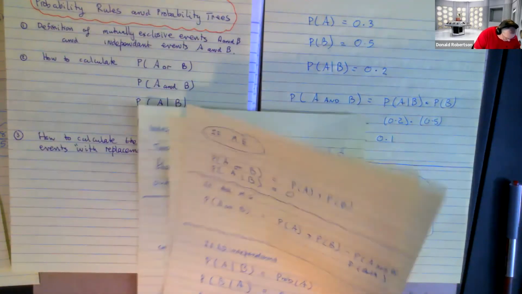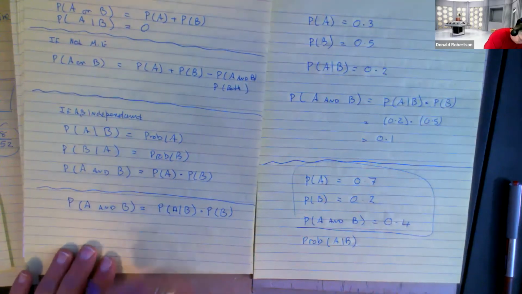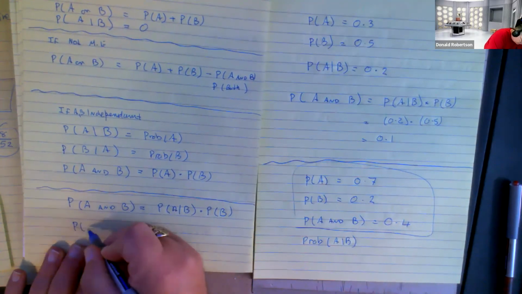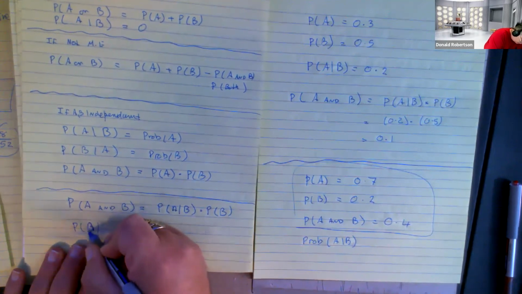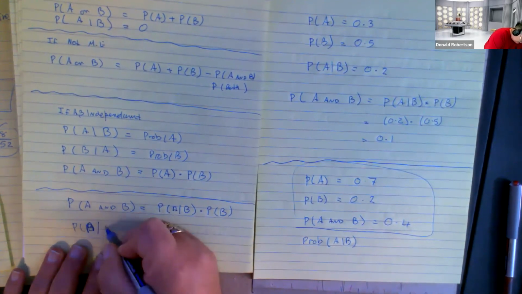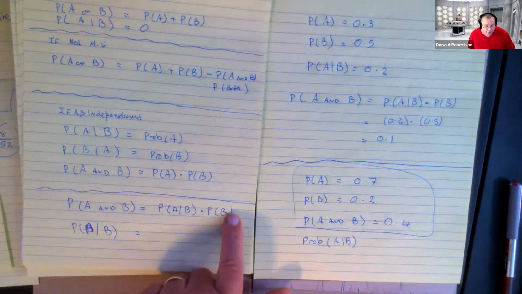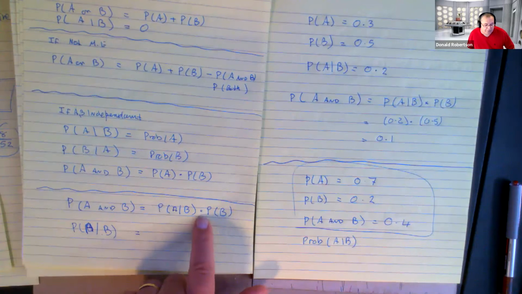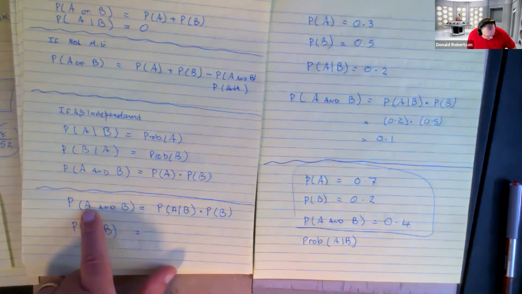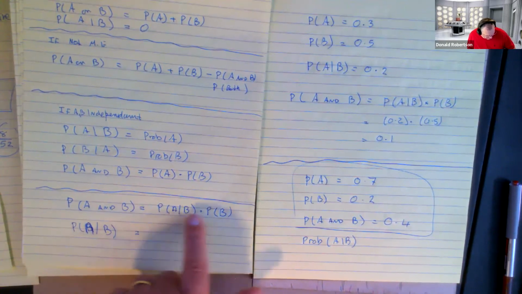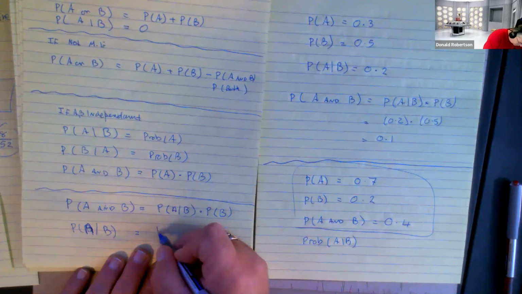Where's my list? Oh, it's in front of me. So I am going to find a formula for finding the probability of A given B. And I can just rearrange this formula. Oh, it's a mess, I wish it wasn't. The probability of A given B is this times this. So won't this one be that one divided by the other?